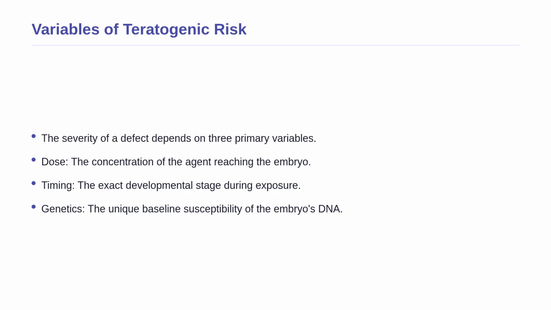Second is the timing, meaning the exact developmental stage of the embryo when the exposure happens. And third is genetic susceptibility, which dictates how easily an individual's cells are disrupted. By identifying these three variables, we can begin to quantify the danger of any specific exposure.